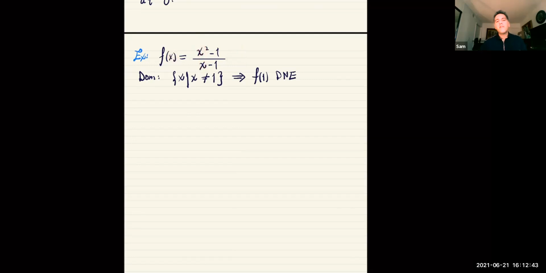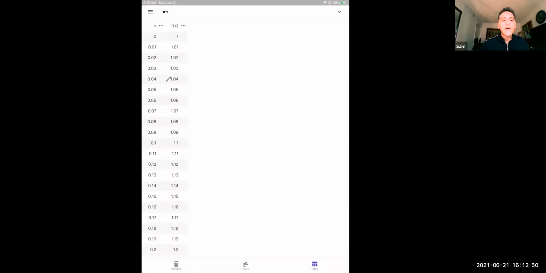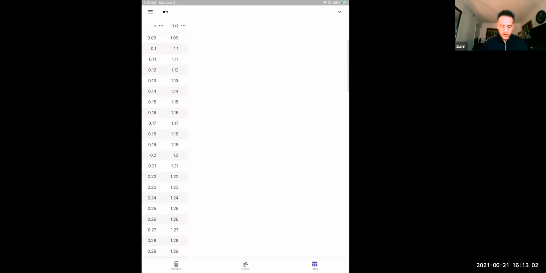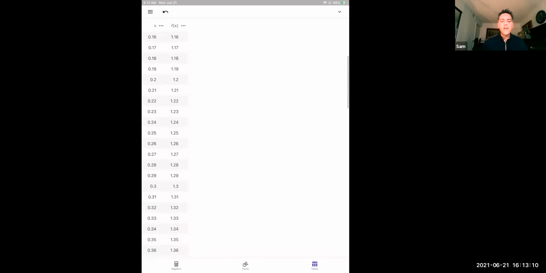Okay, again, this is just a table of values, and we are getting close to 1. Let's see what happens. Pay attention to the y values here. So we have 0.29, 1.29, 0.3, 1.3. When x is 0.31, y is 1.31.